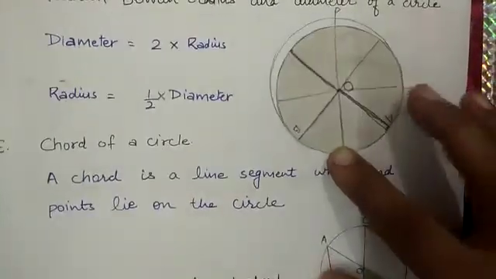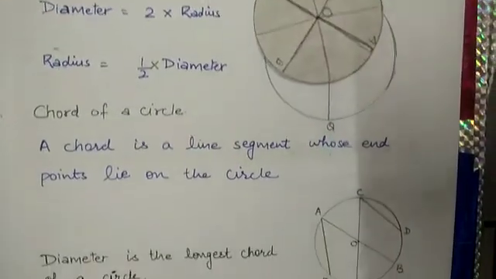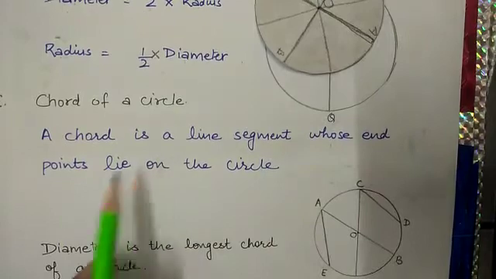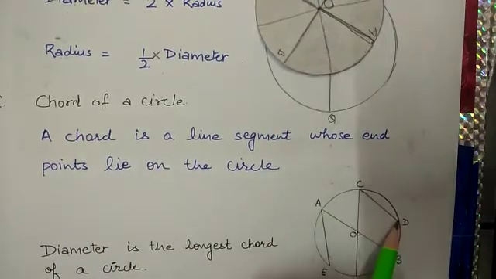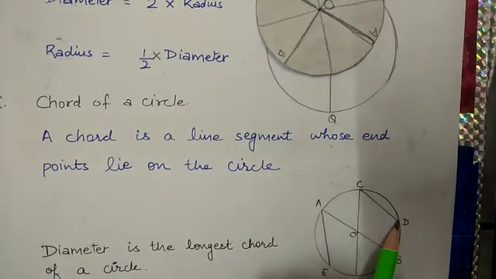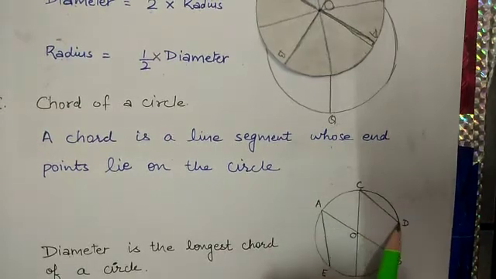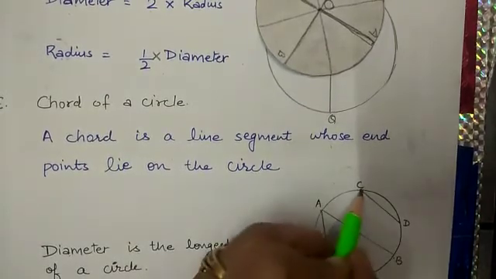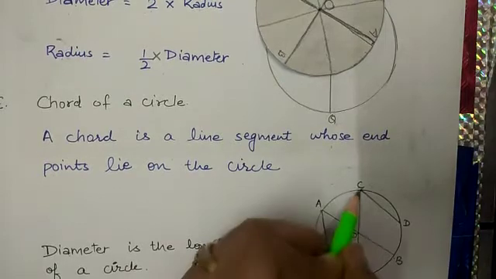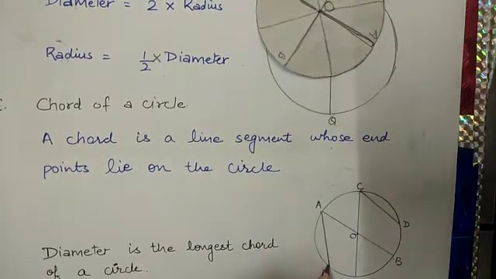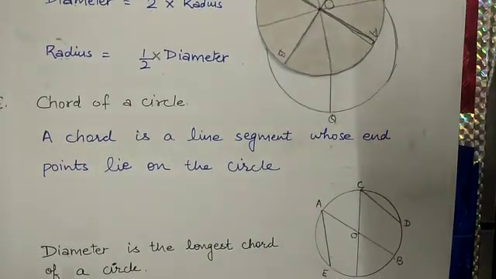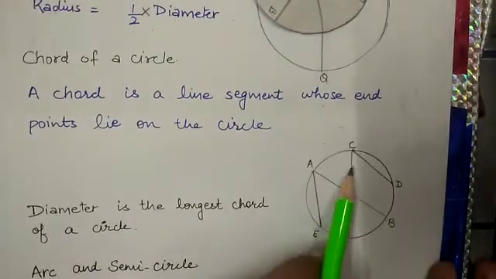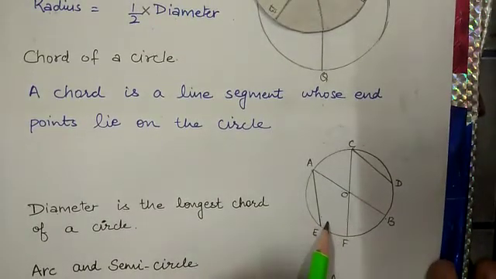Next comes the chord of a circle. A line segment whose end points lie on the circle, like CD. Both C and D lie on the circle. AB, AE, CF, and so many segments are there. We can draw so many segments of this type, and these segments will be known as chords.